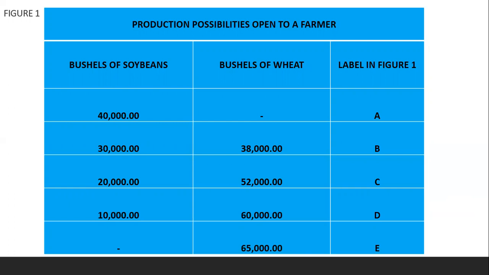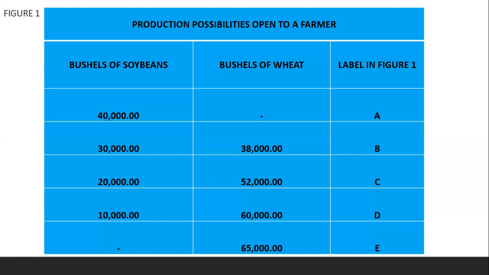In the second production, he reduced 10,000 of his resources from soybeans and shifted them to wheat. For the second production, he now produced 30,000 units of soybeans and 38,000 of wheat. On the third production, he again reduced another 10,000 units of resources from soybeans in order to produce additional units of wheat.